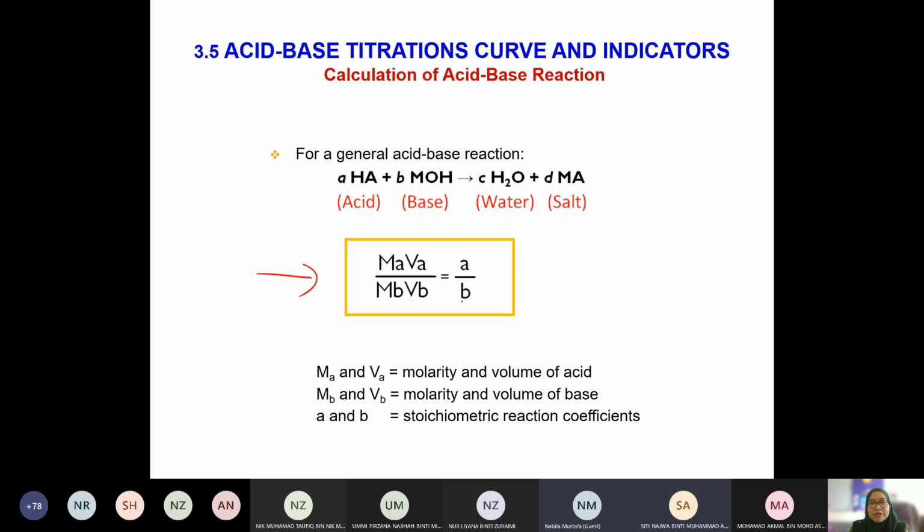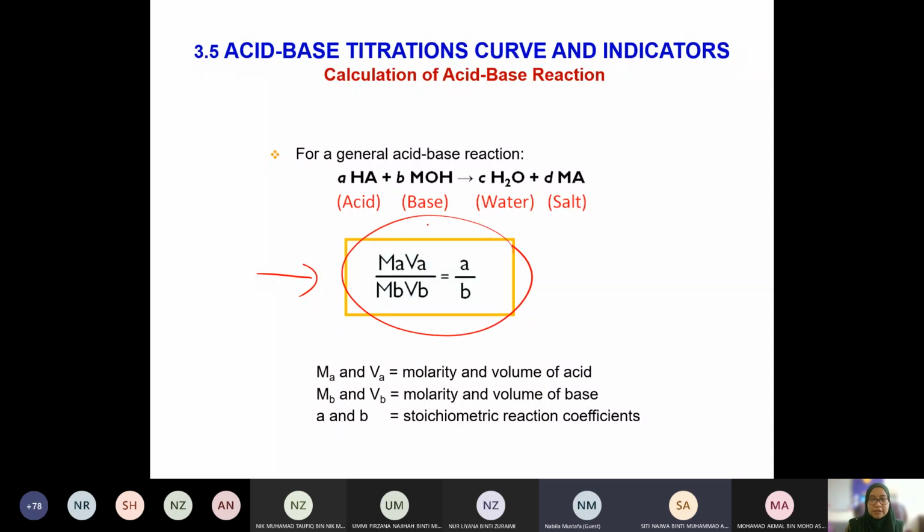This is used because we want to know how much of the acid is needed in order to neutralize all the base. This is stoichiometry. So we use this formula to represent the volume and the molarity needed at the equivalent point.